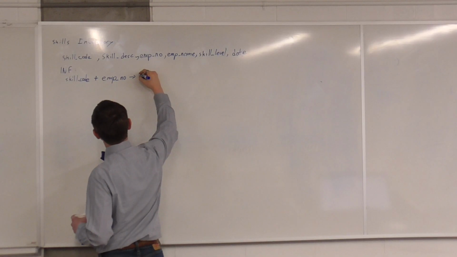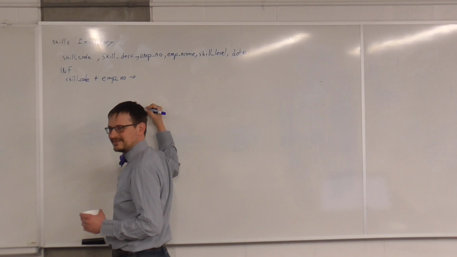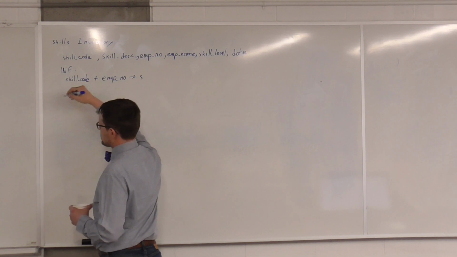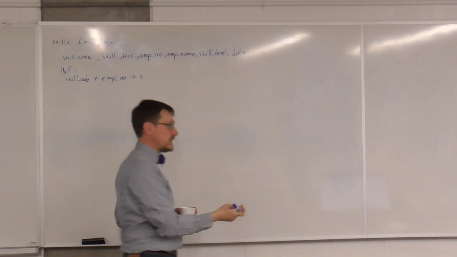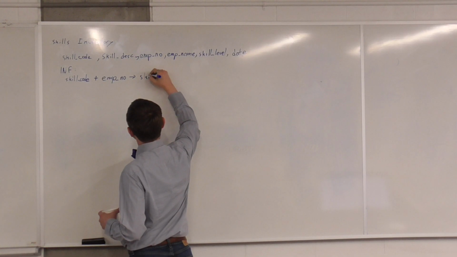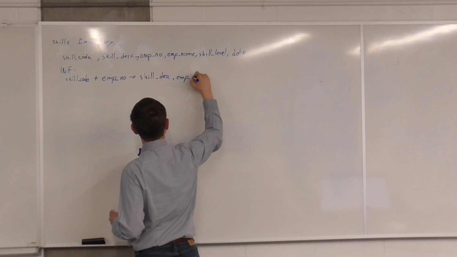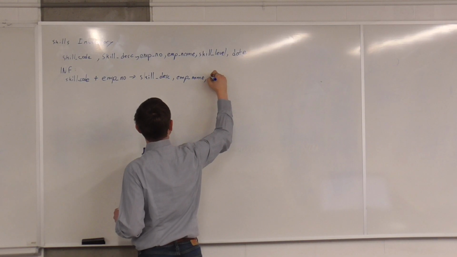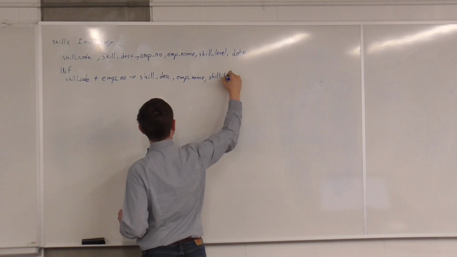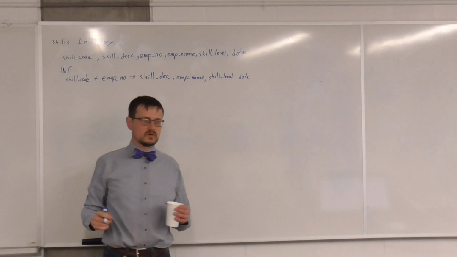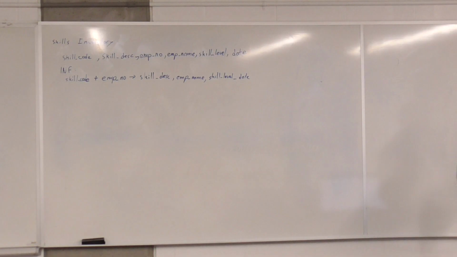The rest of these fall as the dependent values: skill description, employee name, skill level, and date. So that's our first normal form.